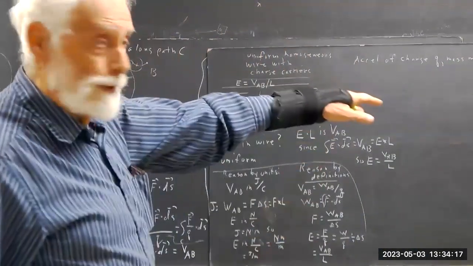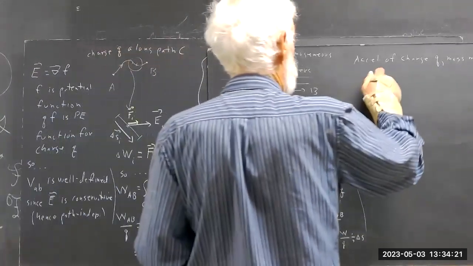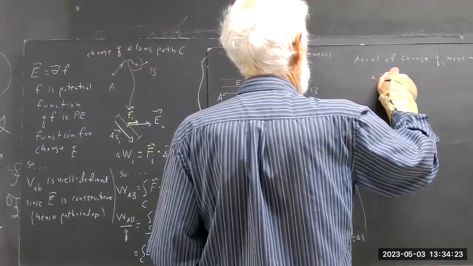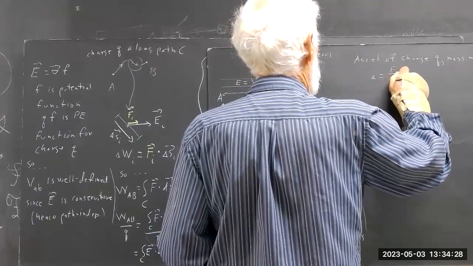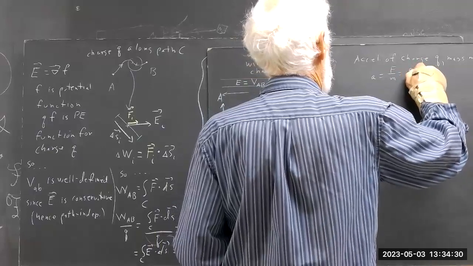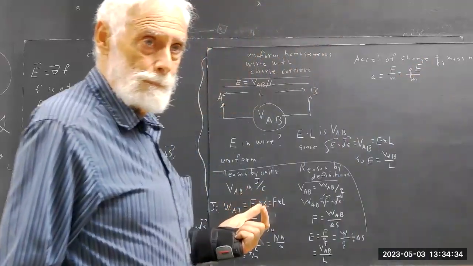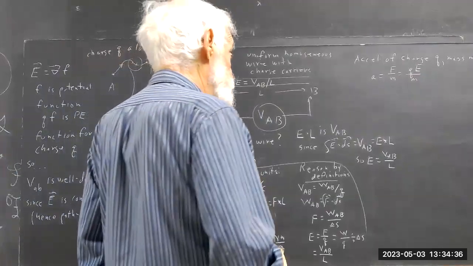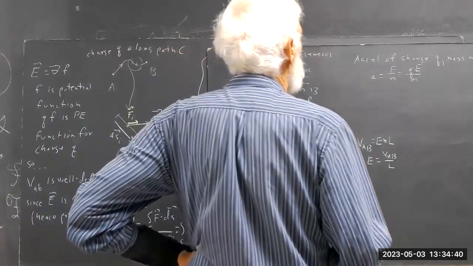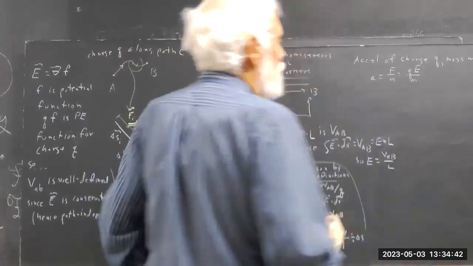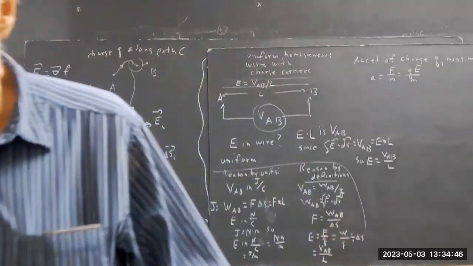We know the charge and the mass. How do we get the acceleration? What happens to the charge in a wire when it gets accelerated? We talked quite a bit about this.